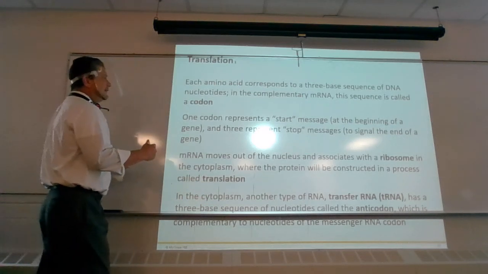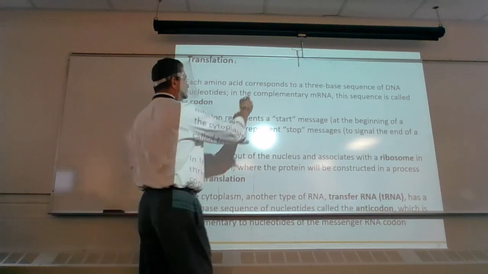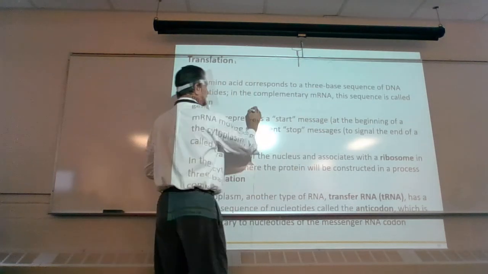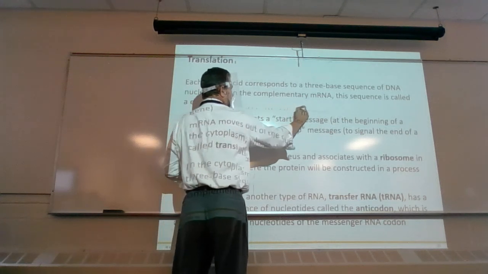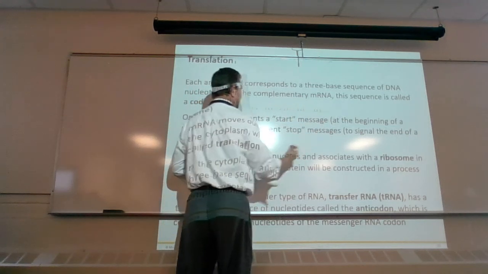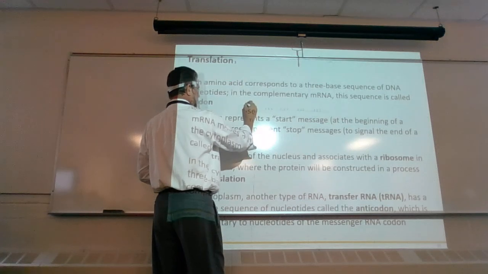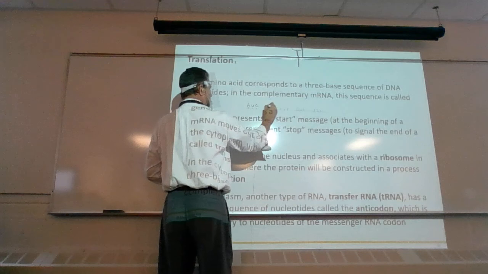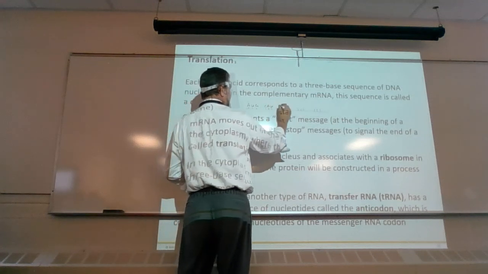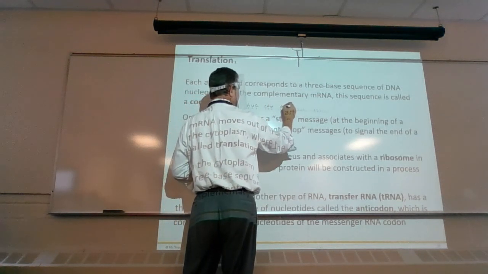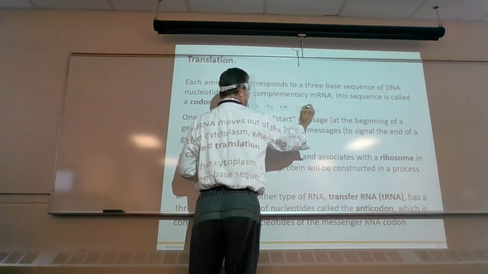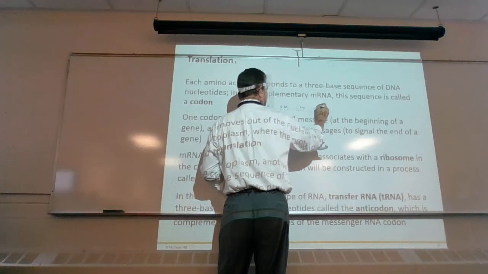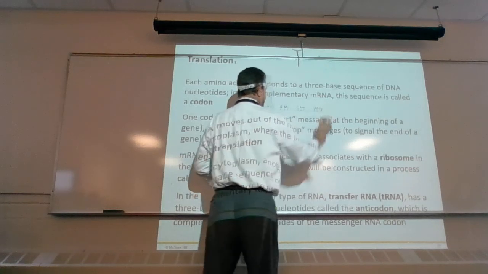So if I go again and say, all right, this is my little messenger RNA, and I'm just going to throw things out here. Oh, it can't be T. U again, whatever. UCG, whatever.